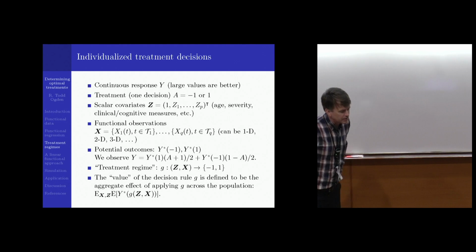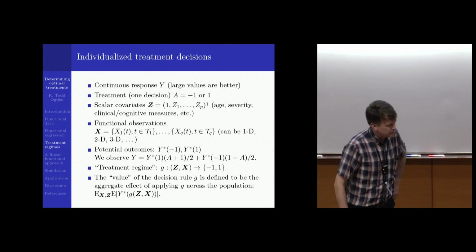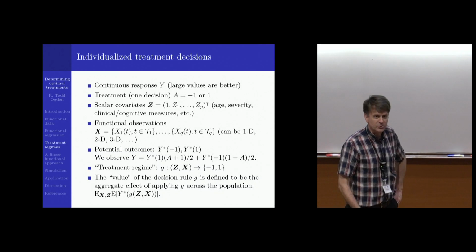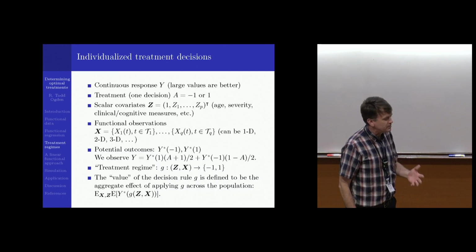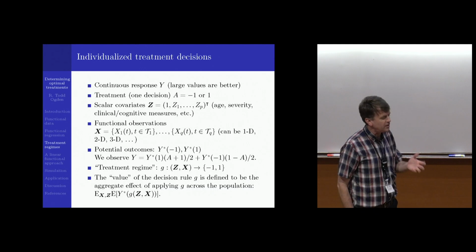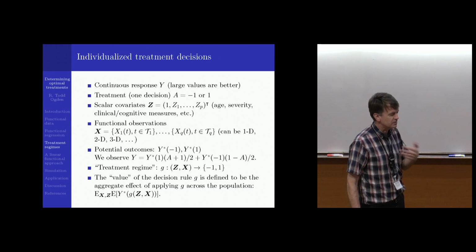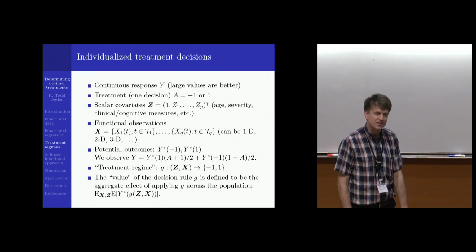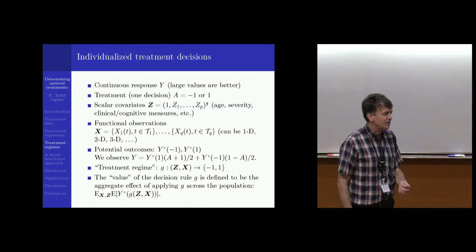Okay, so now this is probably the stuff that you know really well. Talk about individualized treatment decisions or treatment regimes. Again, I'm considering the most simple case for now. We are making some progress on a more complicated case, but you only have to make one decision with these data. I really like this idea of continually making decisions.